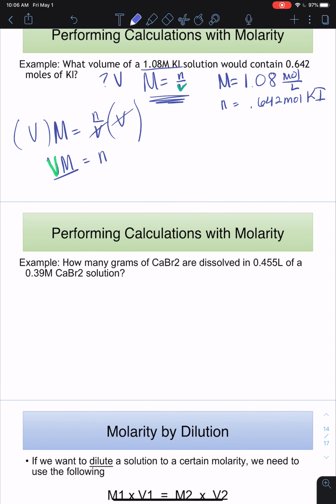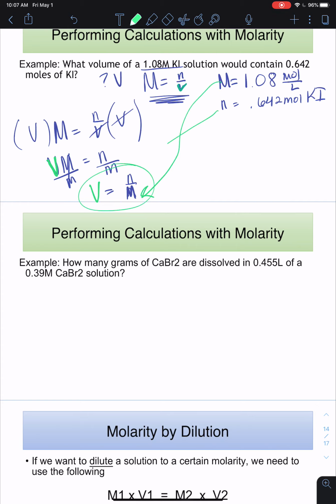So I still need to divide both sides by M to get V alone. That makes M cancel out here, and we get V equals N over M. That's a capital M. Okay, and that's a terrible V. Let me erase that.